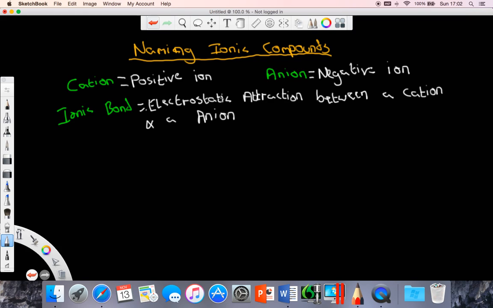When a positive and a negative ion are attracted to each other, they form an ionic bond, which is an electrostatic attraction between them, and this then forms an ionic compound.